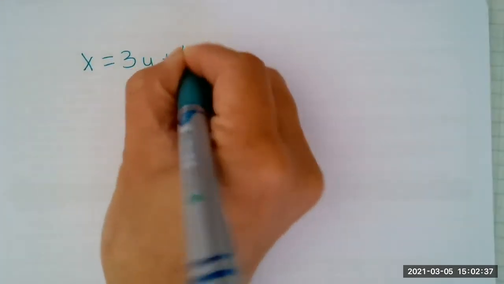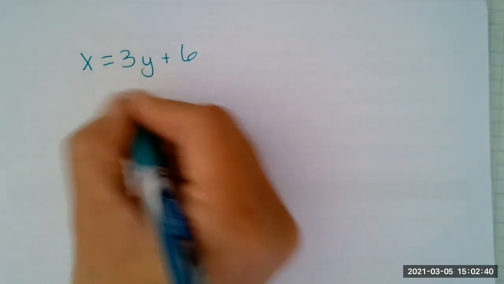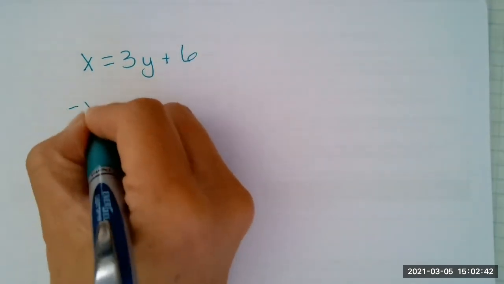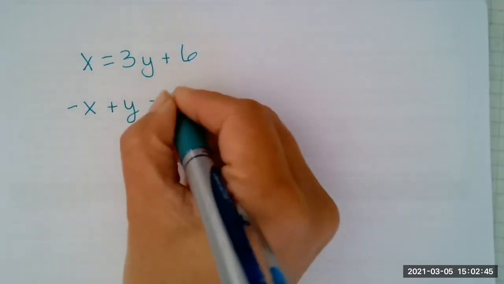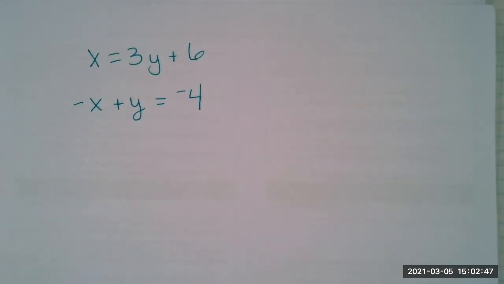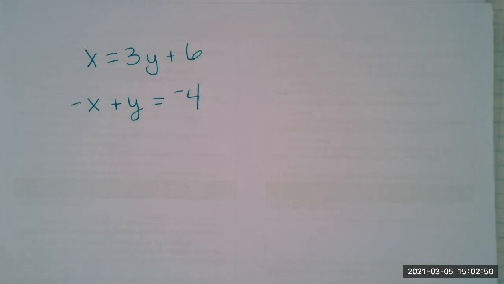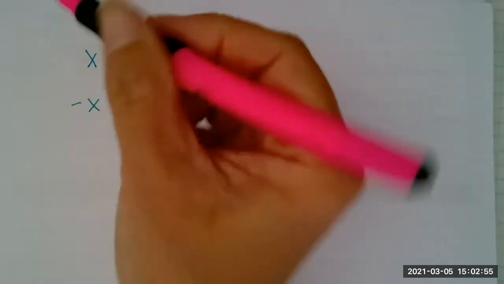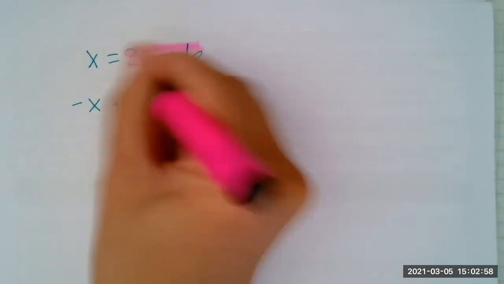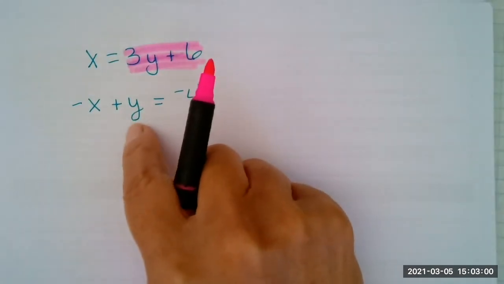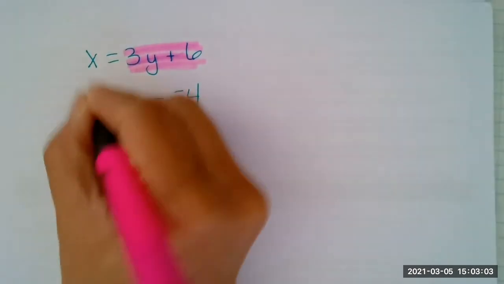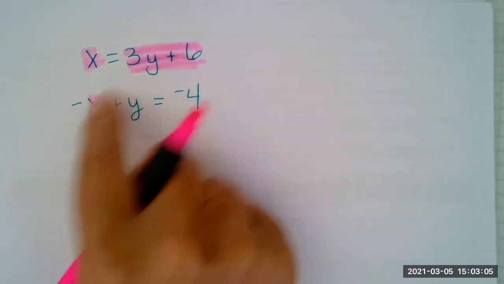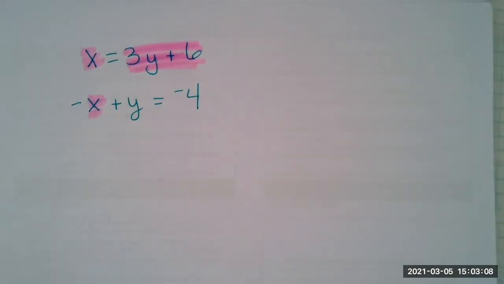All right, last one. Let's try this one. A little bit funkier. That's okay. We're still going to do the same thing. I've got my variable all by itself, but instead of putting it into y, I'm going to put it into x, because that's what it is. X is that. So that's going to go here. Now we just have to be really careful.